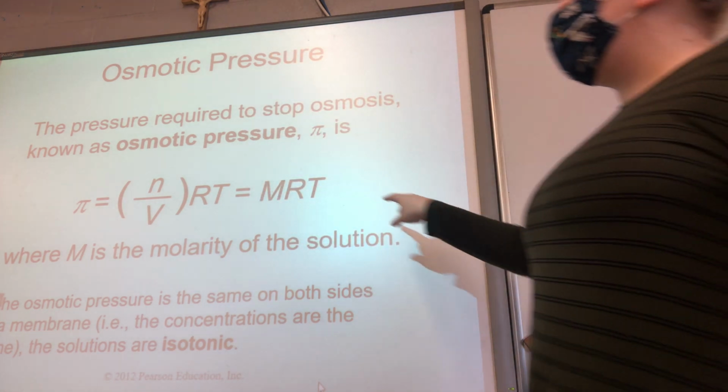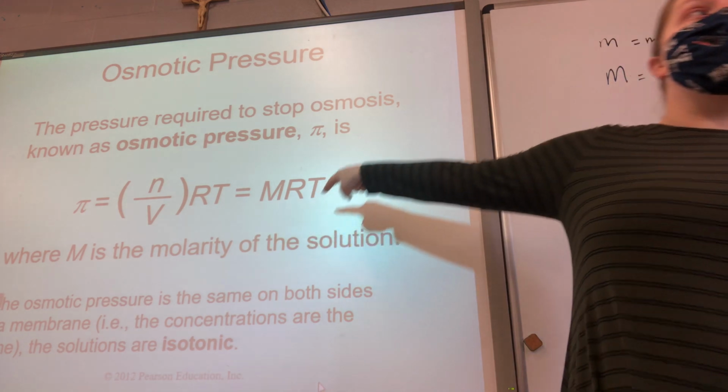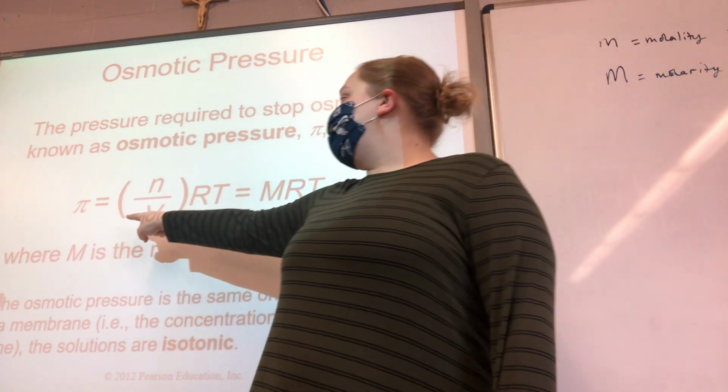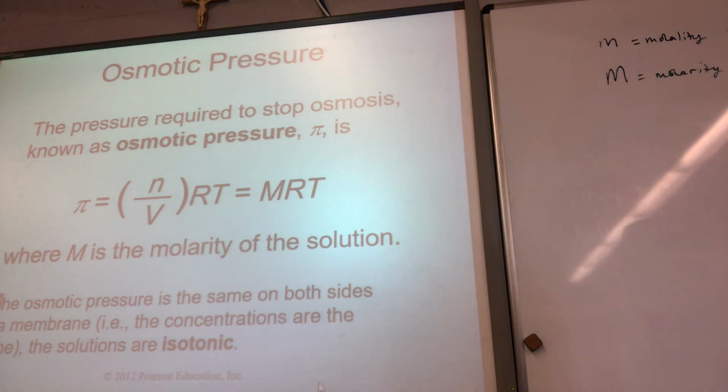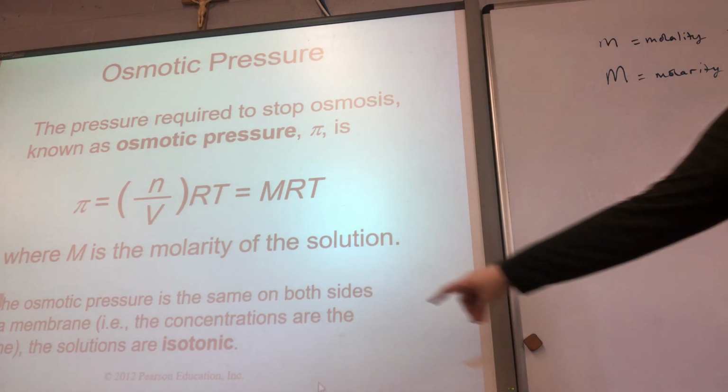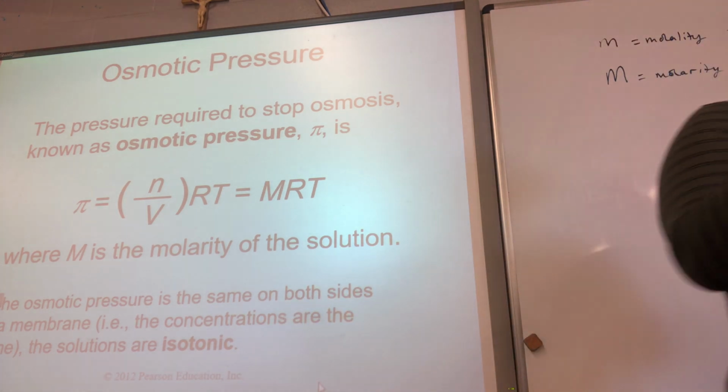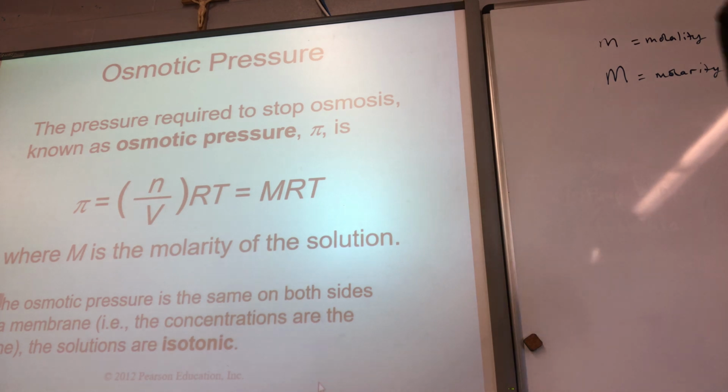Every other term on here should look familiar. This pi is kind of interesting, right? Every other term on here should look familiar to you. When you have equal numbers of solute, it's isotonic. That's the term. The one I never remember.